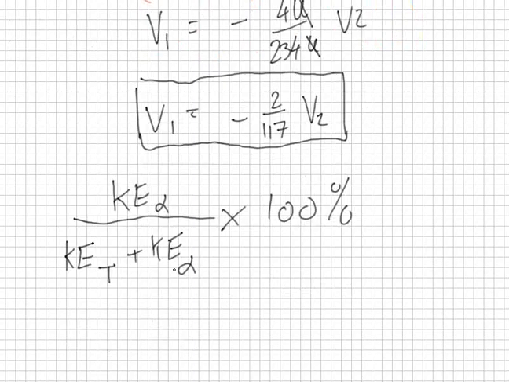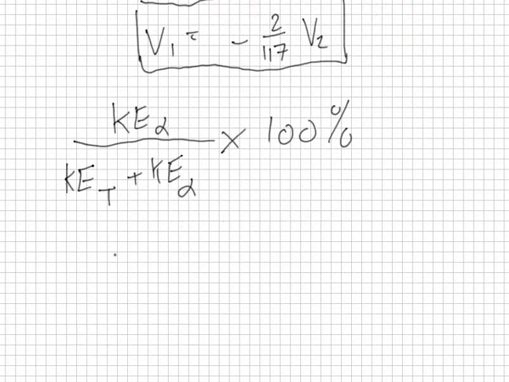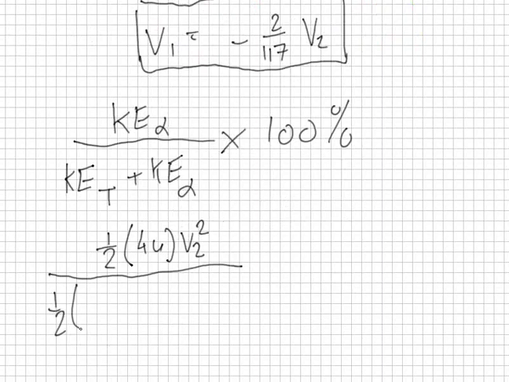Okay, let's plug in our numbers. On the top, it's a half. What's the m for the alpha? And the velocity? v2 squared. Now, what's the kinetic energy of the thorium? That's a half, what's the m? 234.